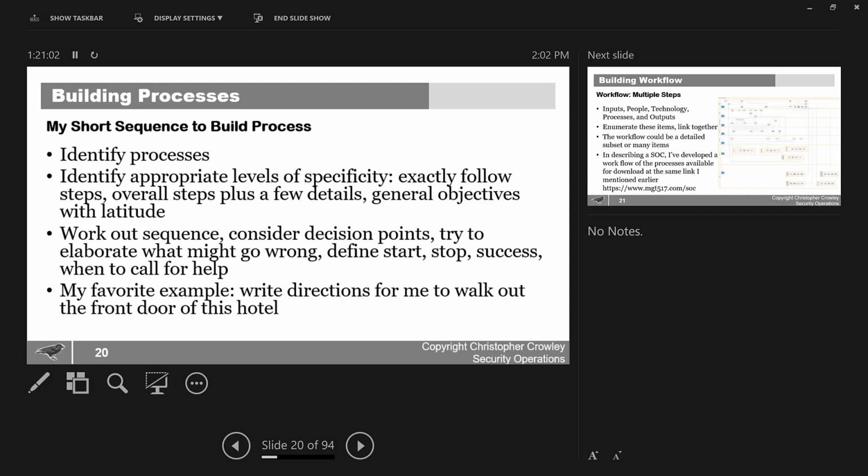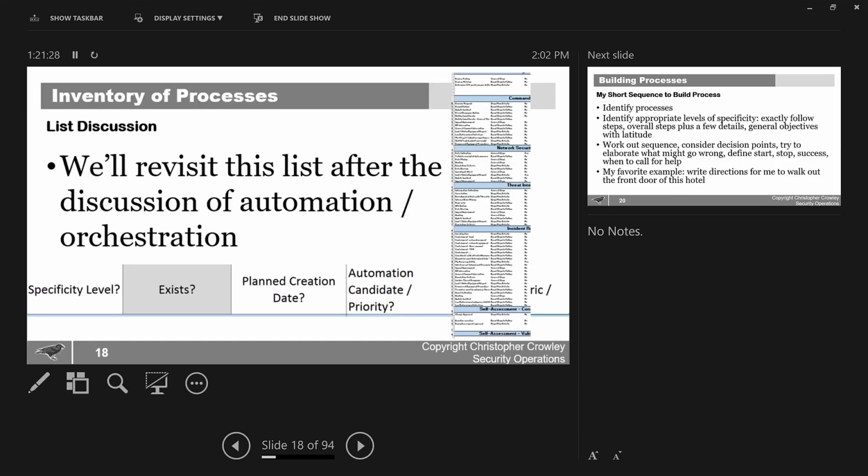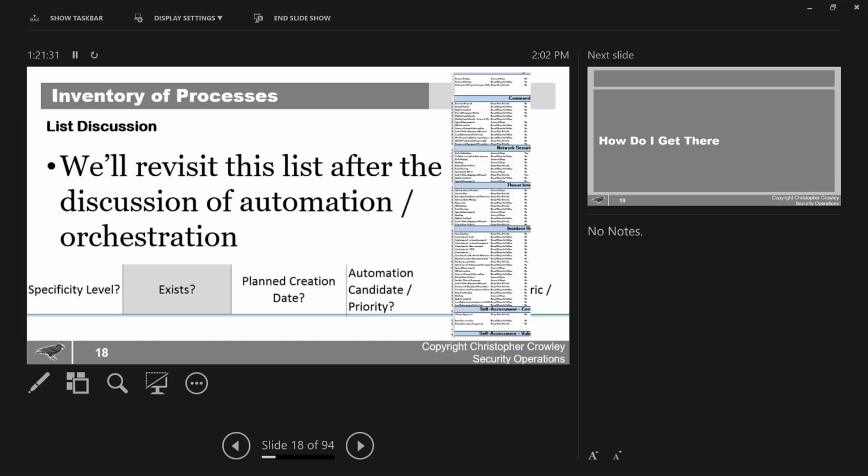Now, if I always follow the steps exactly, as an analyst or as a security operations person, I'm not doing my job well. There's a certain amount of intelligence that I need to bring to the circumstance. But there are some times where we need to tell our staff, hey, you need to do this exactly like this because this is our agreement with the business. And so I actually call this the specificity level.